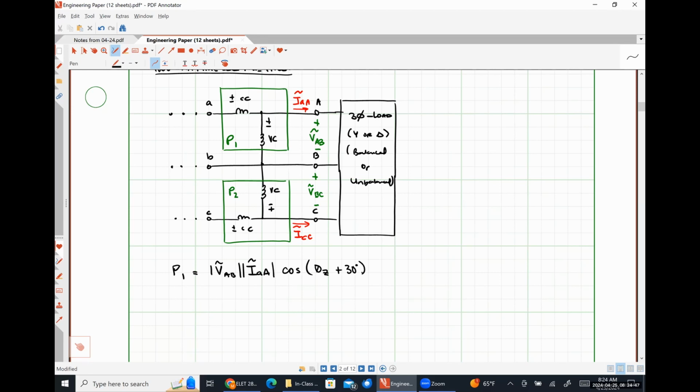Where theta z is the angle of the per phase impedance of our load, right?